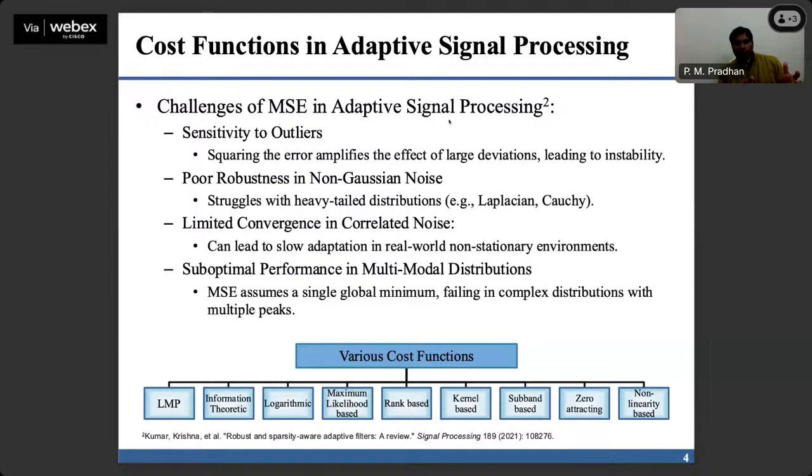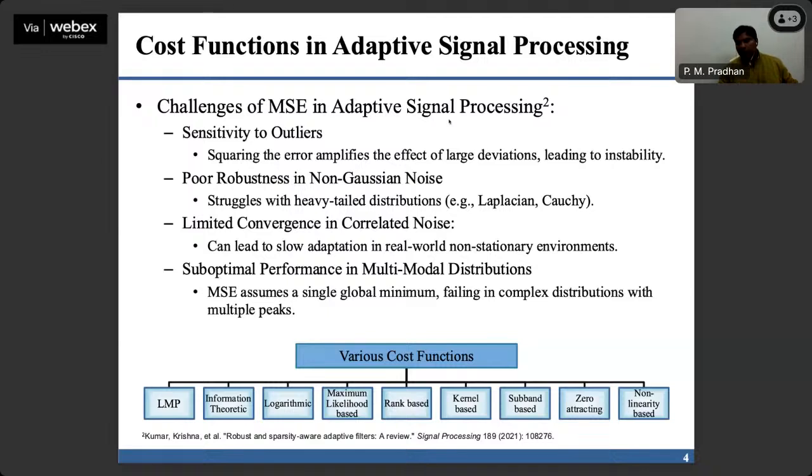You might design an algorithm which is very good in terms of robustness to outliers, but not necessarily very good when it comes to correlated noise. So there is a trade-off between the performance in different environments, whether outliers, correlated noise, or non-Gaussian noise.